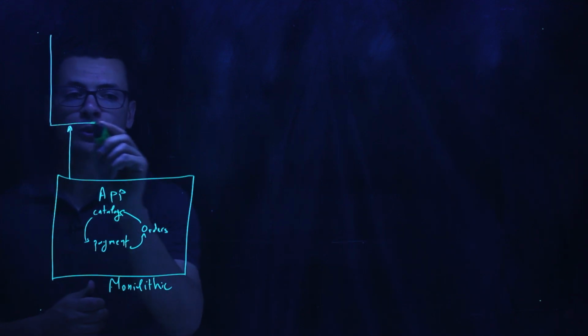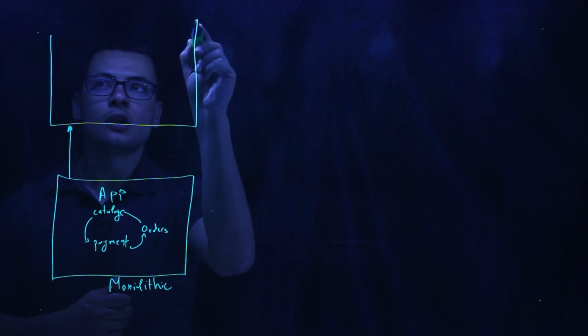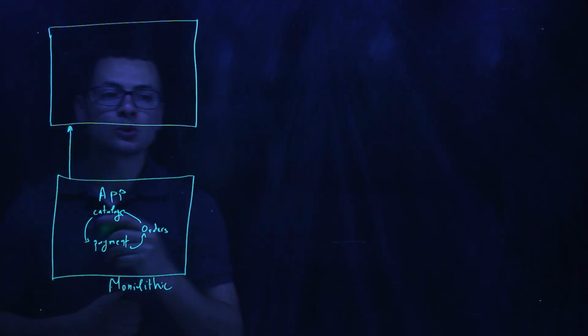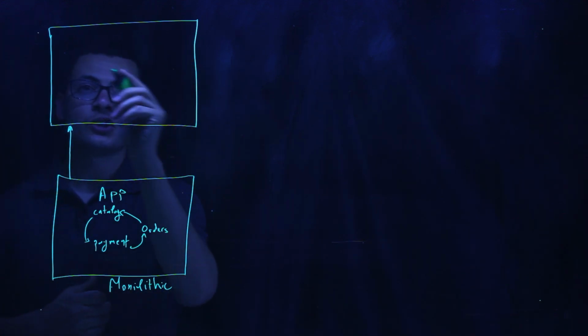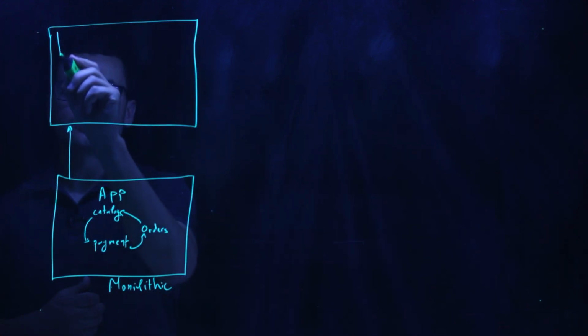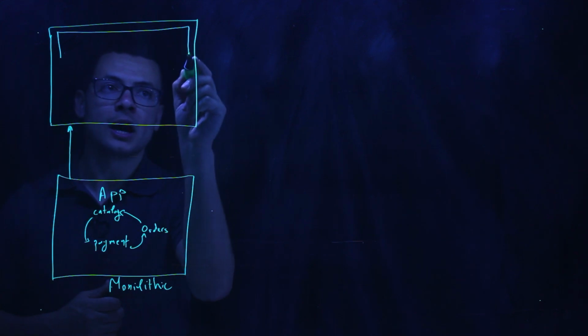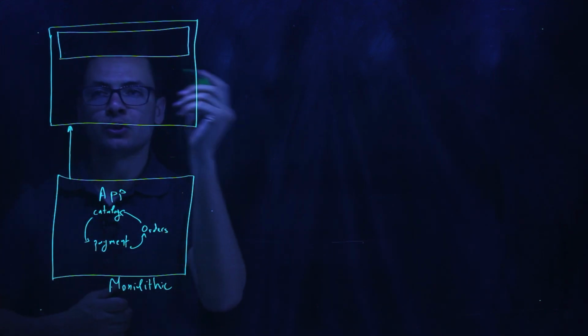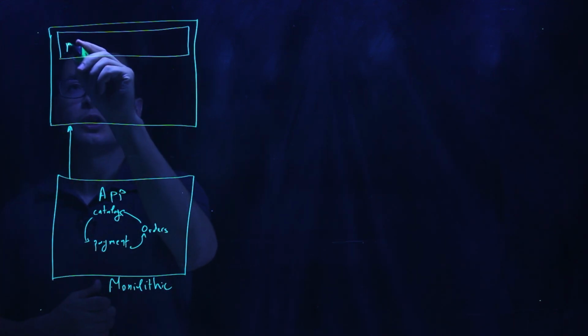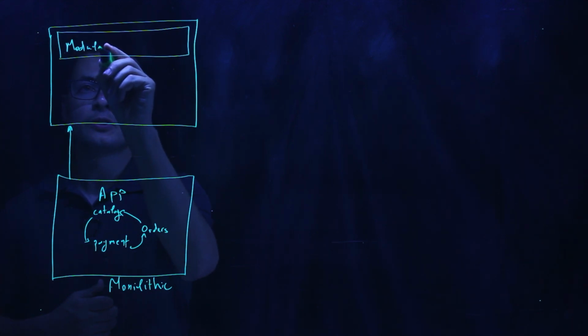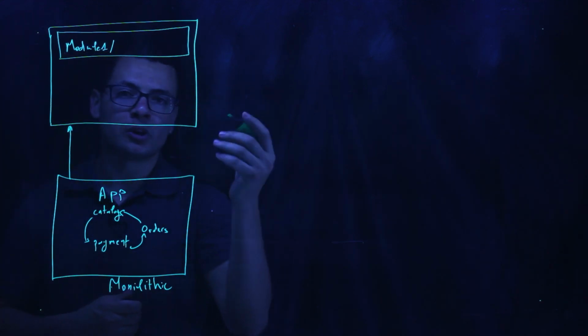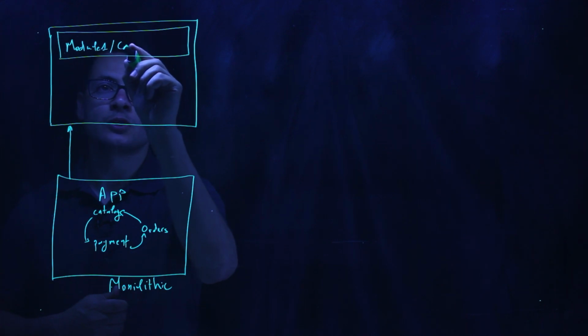With this approach, the application source code will be structured on different layers. So for example, here we'll have the layer number 1, which contains the module number 1. The module number 1 is for the catalog, for example.